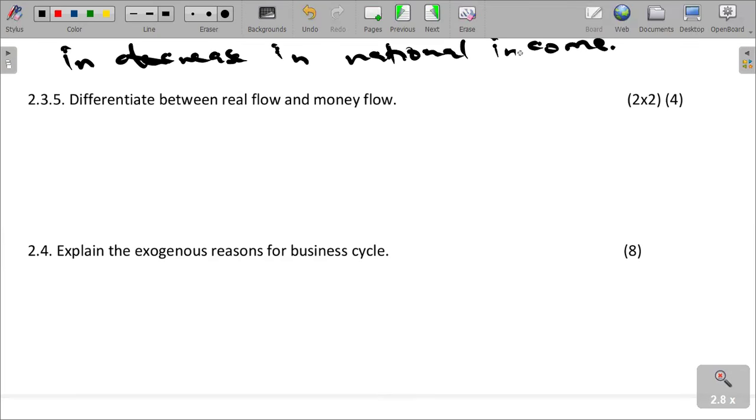Differentiate between real flow and money flow. We have talked about the circular flow model, the real flow and money flow.